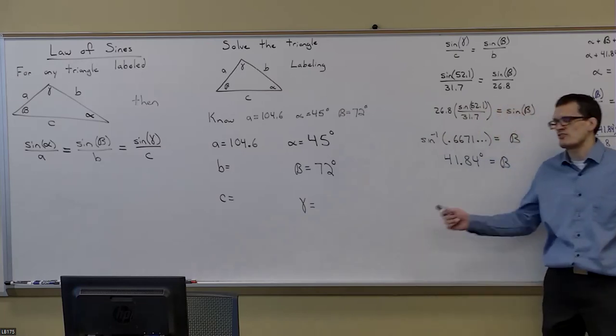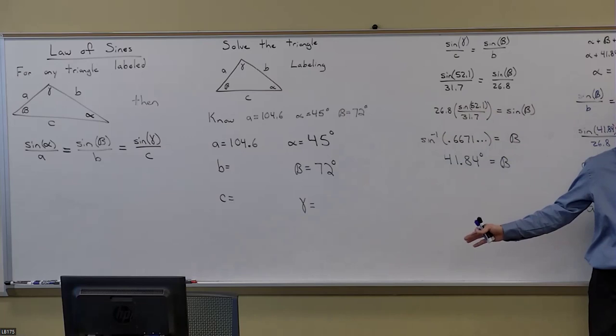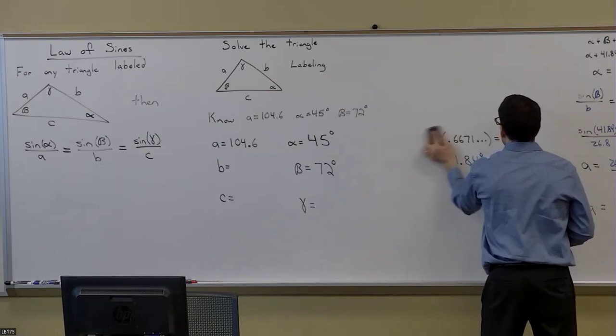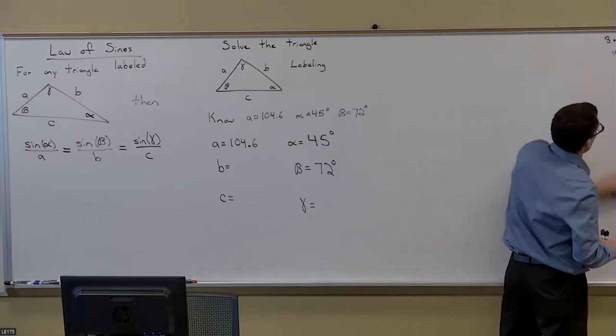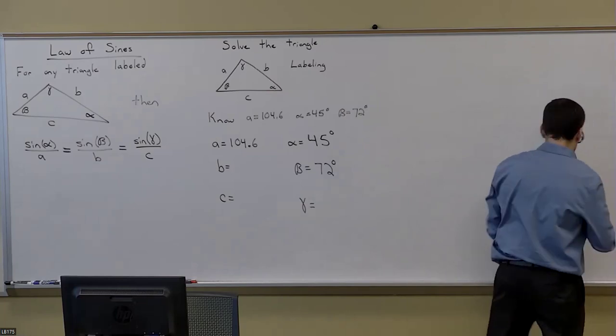What do you think the first thing I should do here is? Find your last angle. Exactly. Perfect. That's exactly what I was looking for. Find your last angle, right? Anytime you're given two angles, you should immediately say, I can find the third. Whenever you've found two angles, go ahead and use the fact that the angles add up to 180 degrees to find the third.